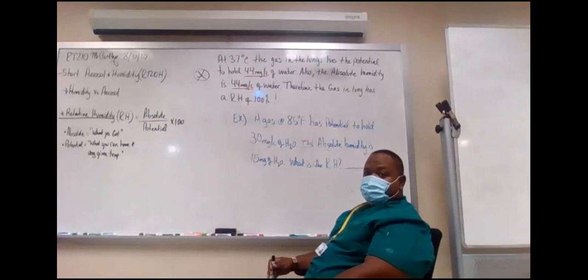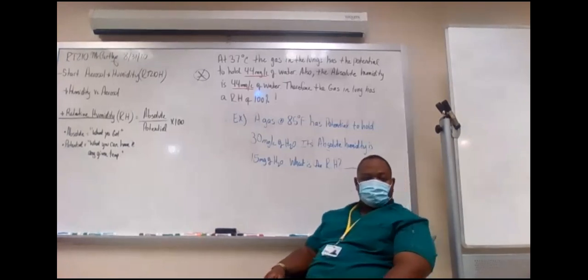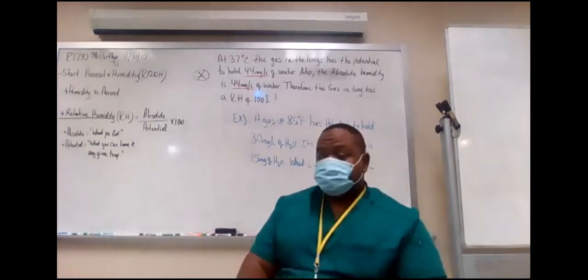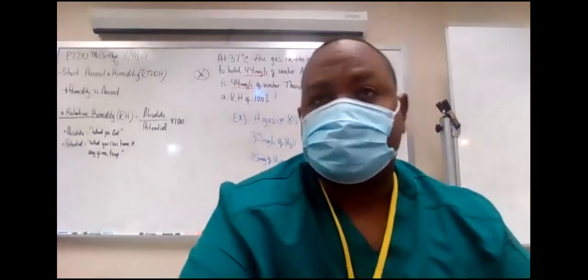15 divided by 30. Take that answer times 100. 15 divided by 30 is going to be 0.5.